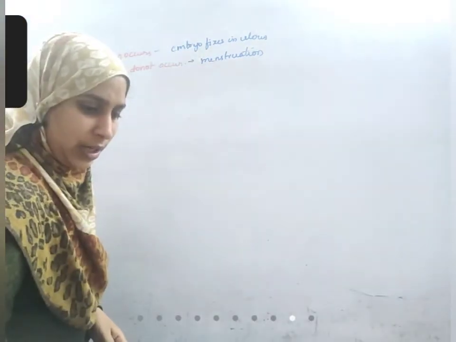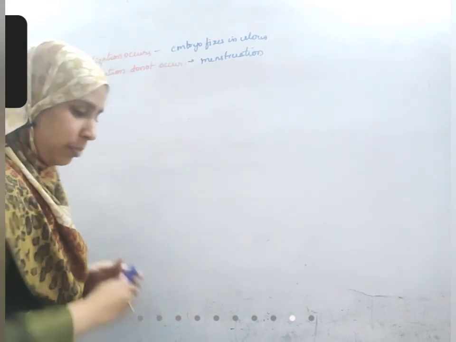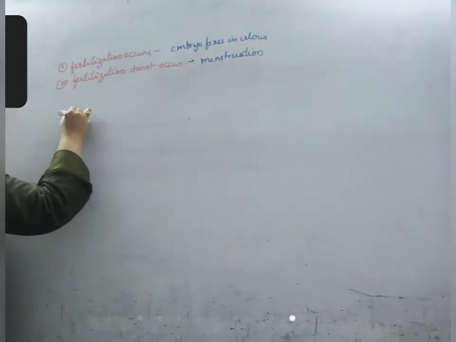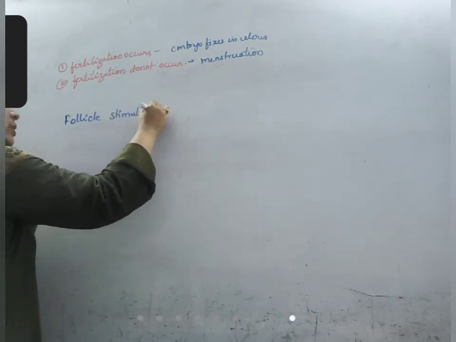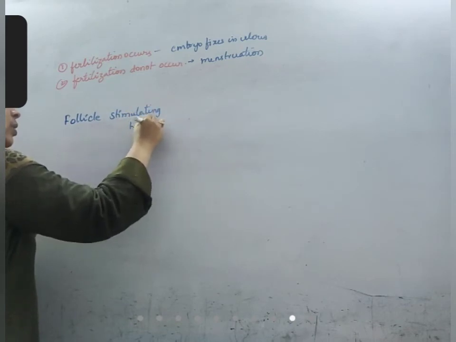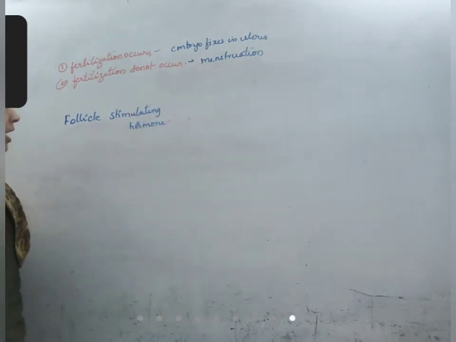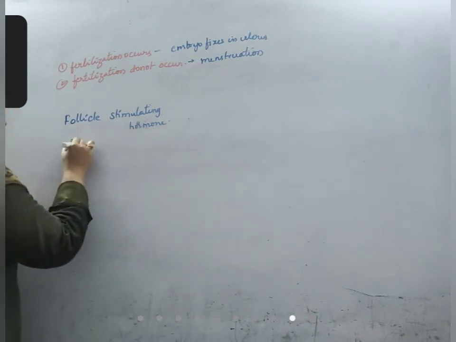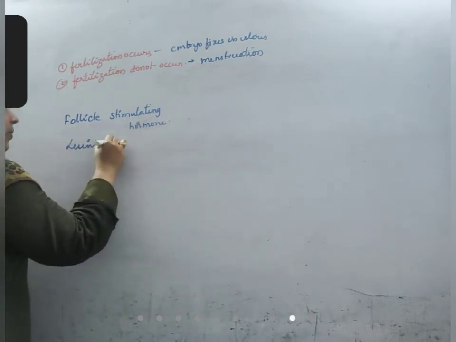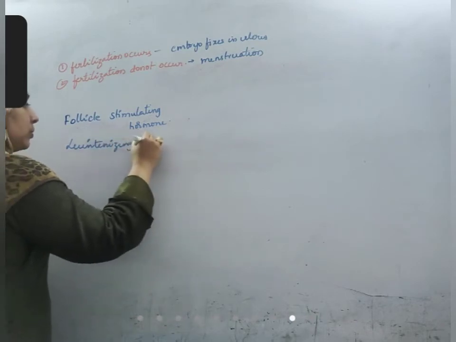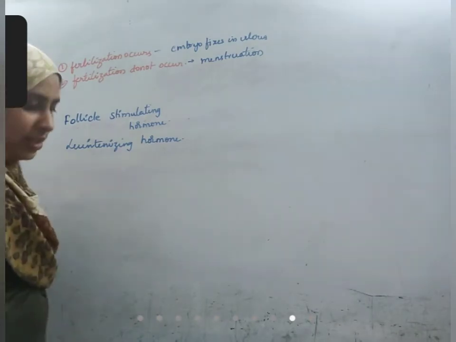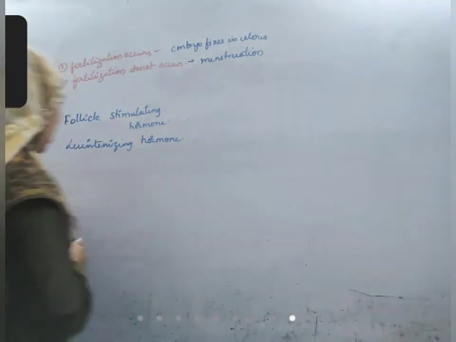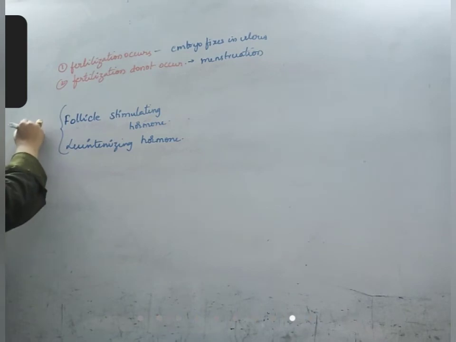So the hormones that are secreted from the pituitary gland are follicle stimulating hormone and luteinizing hormone. These two are pituitary hormones.